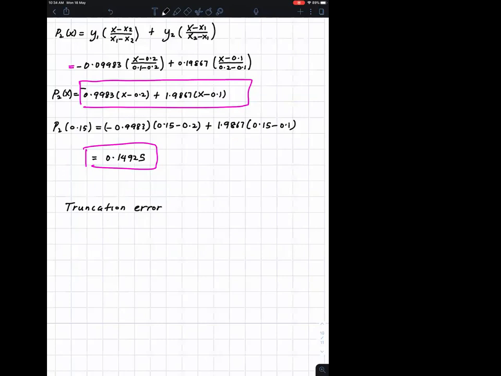It's called truncation error, abbreviated TE, and it's given by y(x) minus p(x).